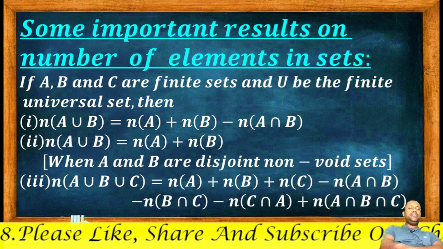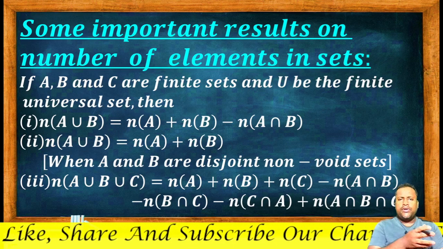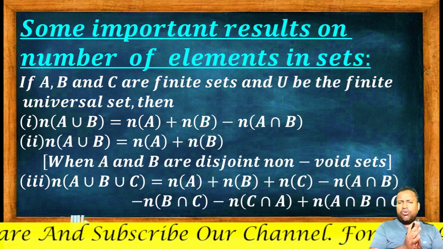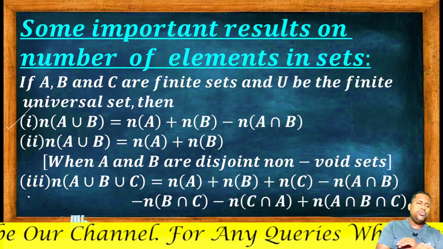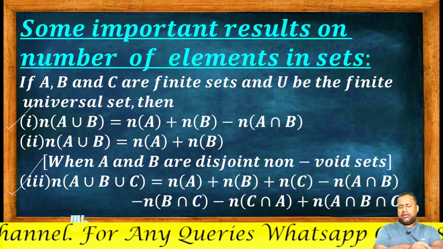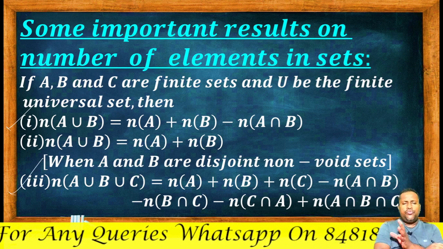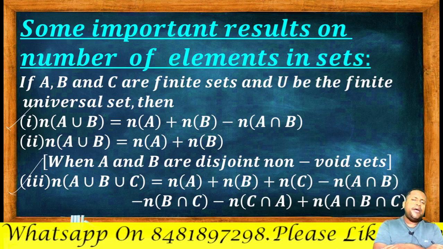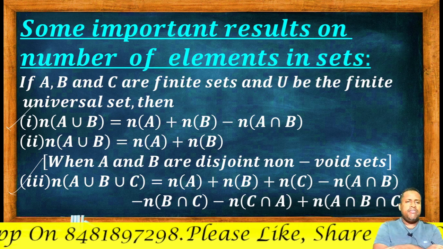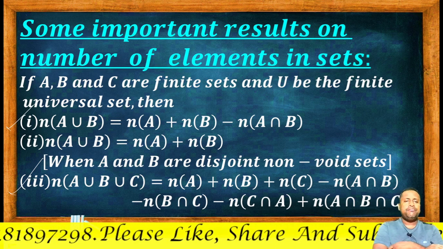And the next one is some two important results. There are a lot of important results, but here we need only these two, first one and third one, and these are generally used to find the number of elements, and we can prove these results by Venn diagram.